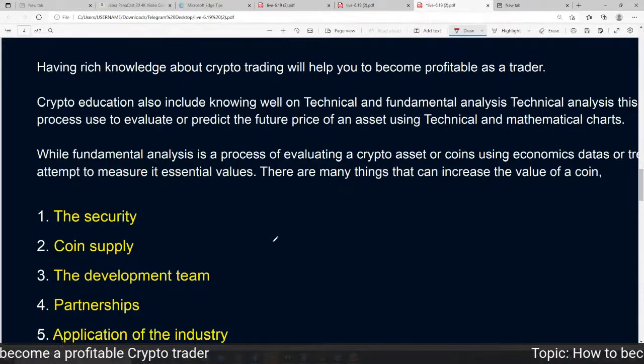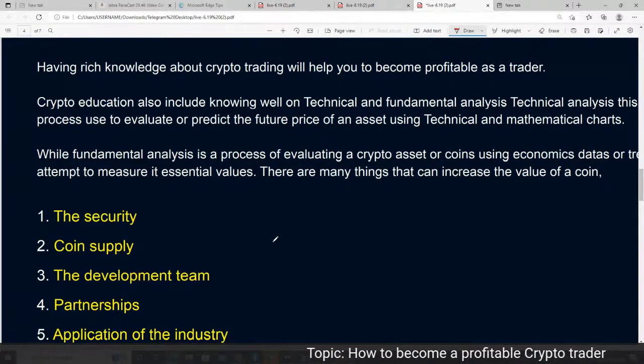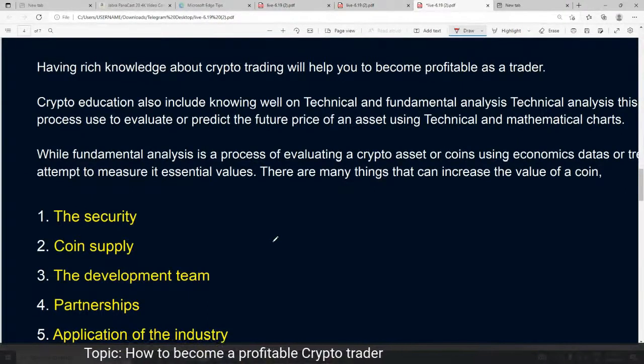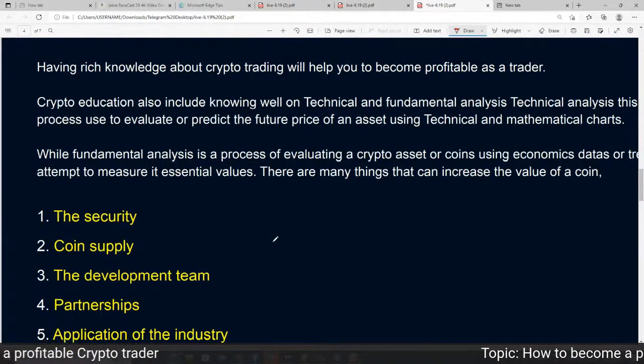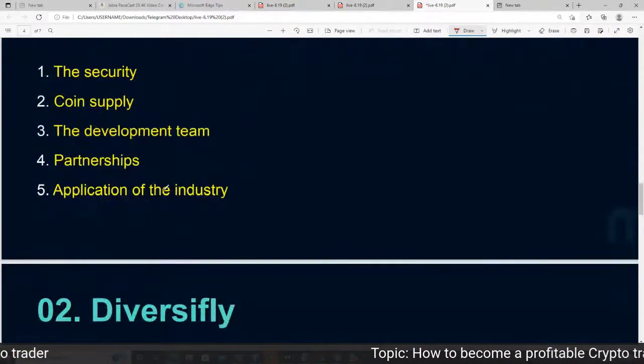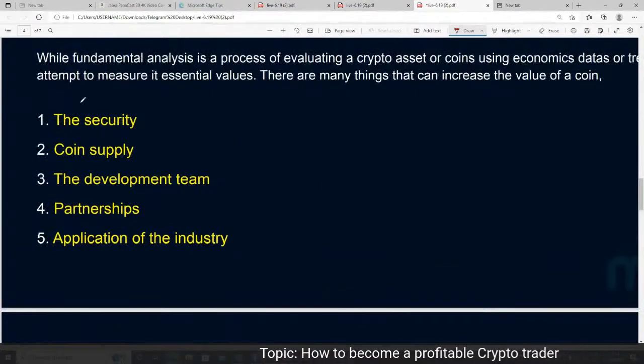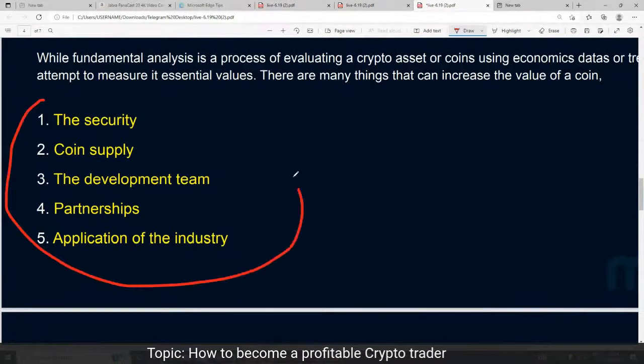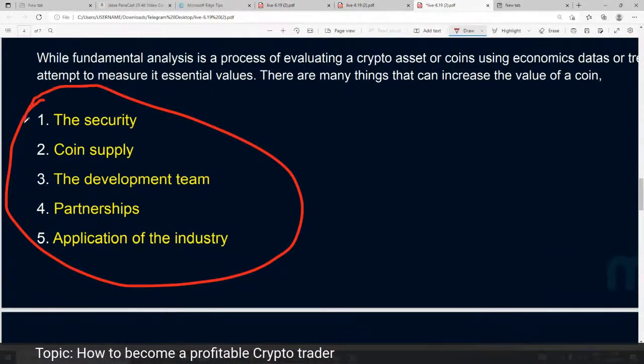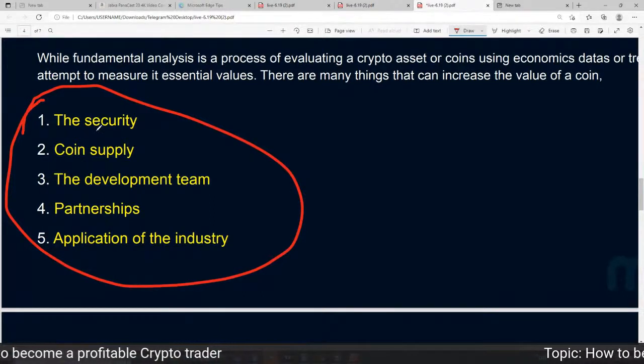If you want to buy a coin, there are some basic things you need to do before you buy it. You don't just buy a coin because people are buying. Let's assume that someone just called a coin for you.